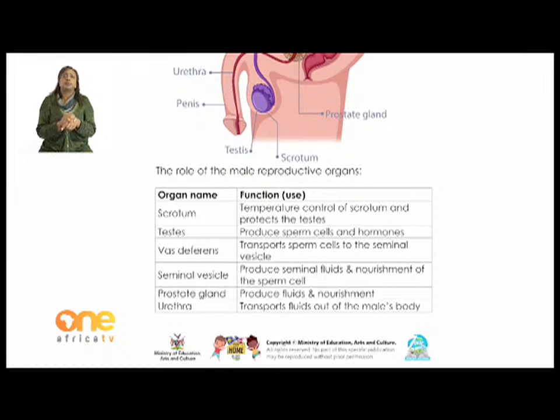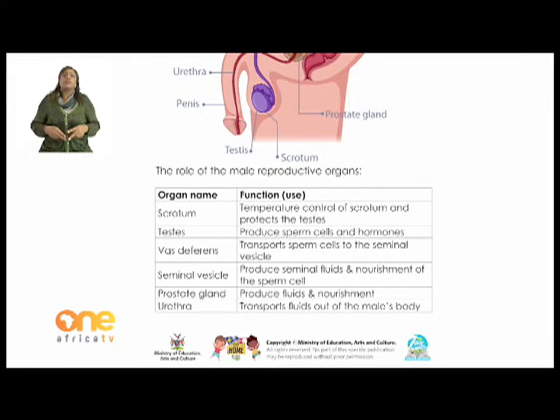To begin with, the scrotum. The scrotum is responsible for temperature control and protects the testis. The testes are responsible for producing sperm cells and hormones.